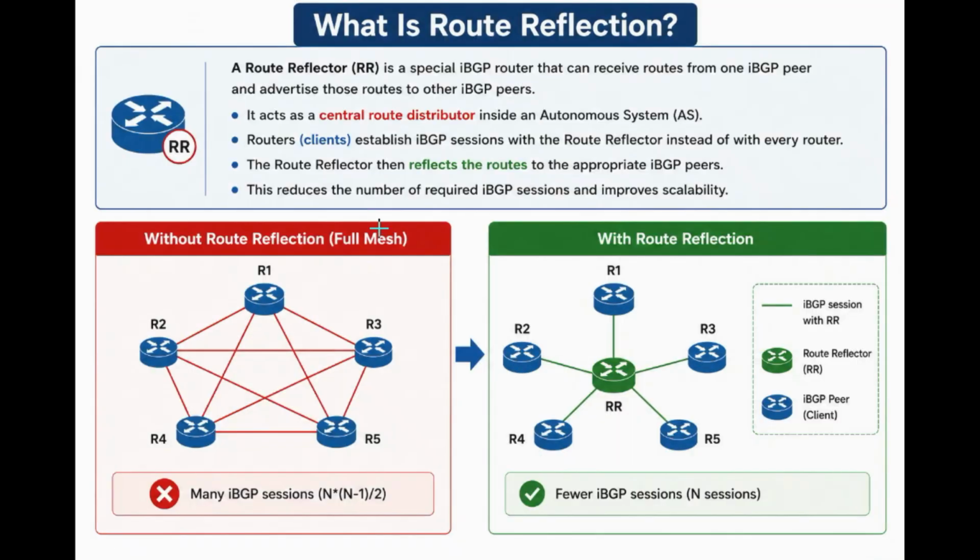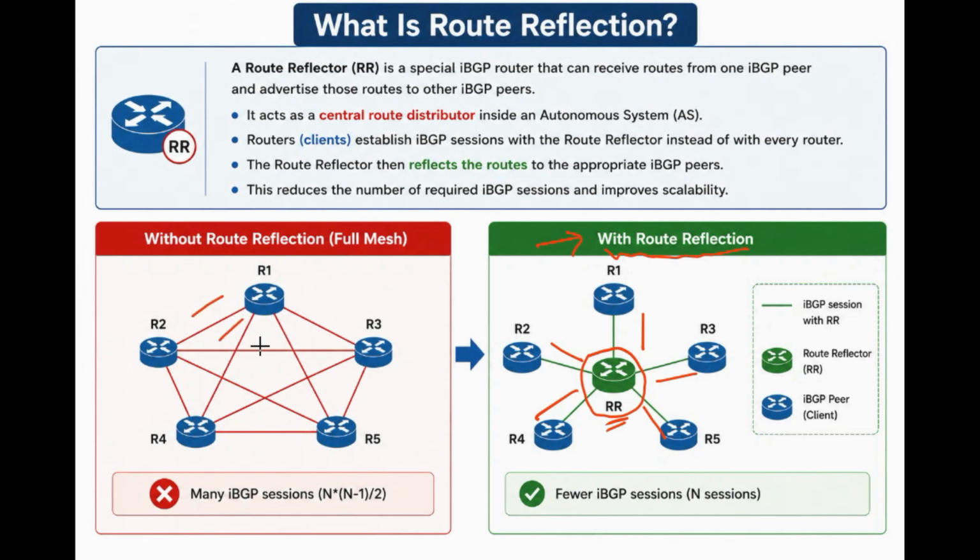Now look at the topology on the right hand side. With route reflection, the clients establish sessions with the route reflector. In this topology, we have 5 routers and a central route reflector which is represented as RR. Here you can see that we only need one iBGP session with the route reflector. For example, R1 is having only one session as compared to the left side topology for the full mesh.